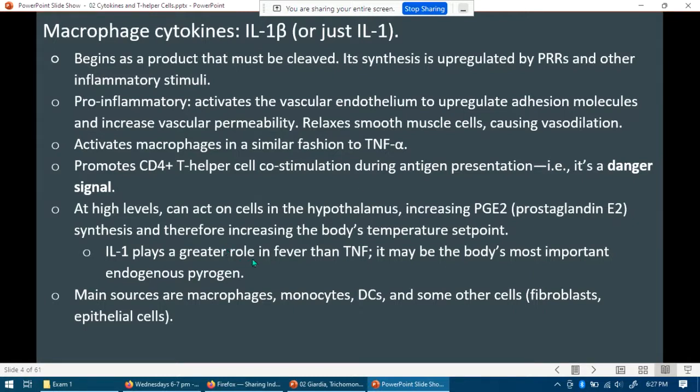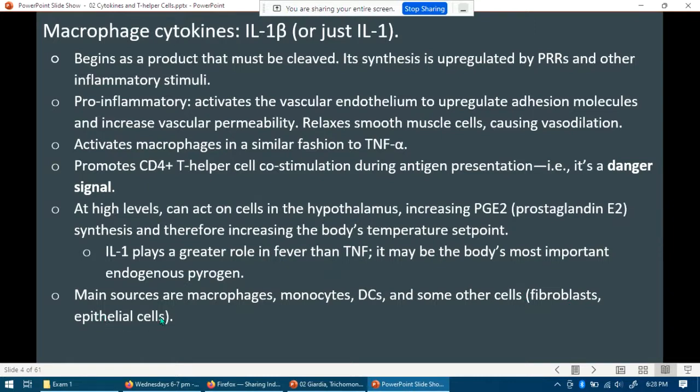IL-1, it turns out, is really important for fever. It's even stronger at producing fever than tumor necrosis factor, and it may be the body's most important inducer of fever. The main sources of interleukin-1 are macrophages, monocytes, and dendritic cells, but it can be made by some other cells, and that is important.